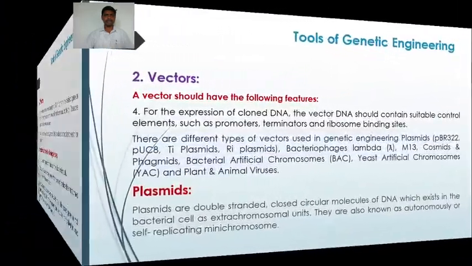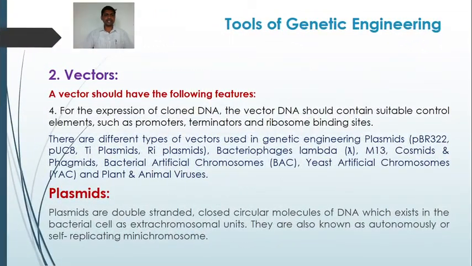The last feature is that, for the expression of the cloned DNA, the vector DNA should contain suitable control elements such as promoters, terminators, and ribosome binding sites. These are the specific elements or sequences that should be present on the vector DNA, or one can say the vector DNA should contain suitable control elements for the expression of the cloned DNA.